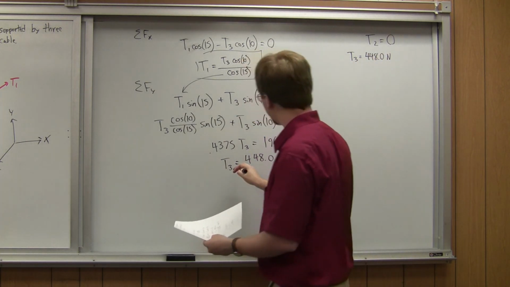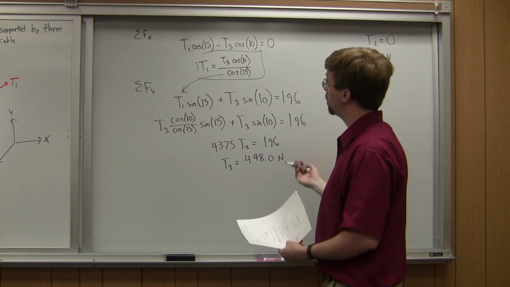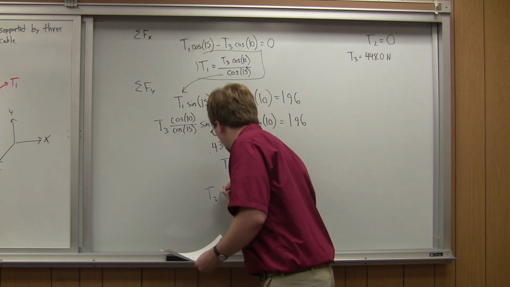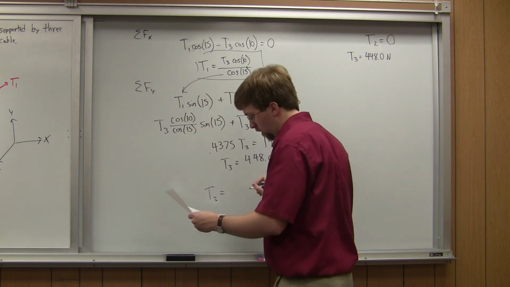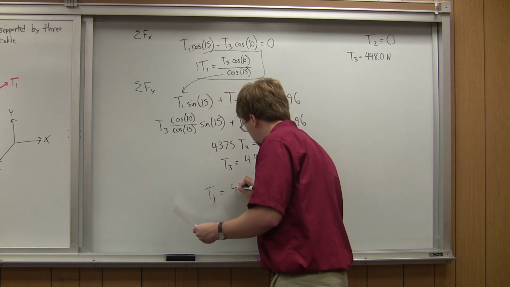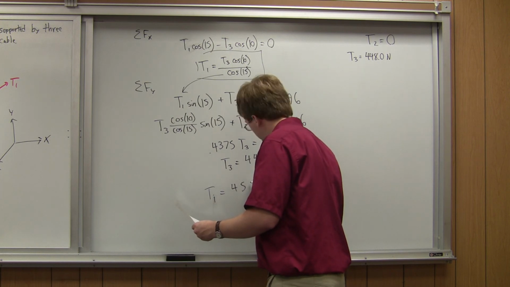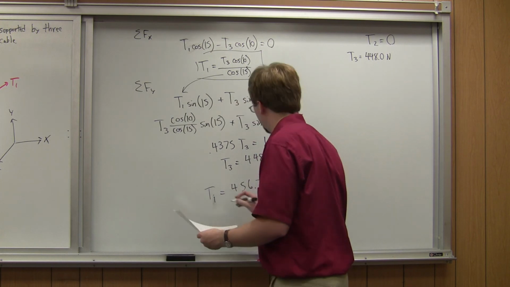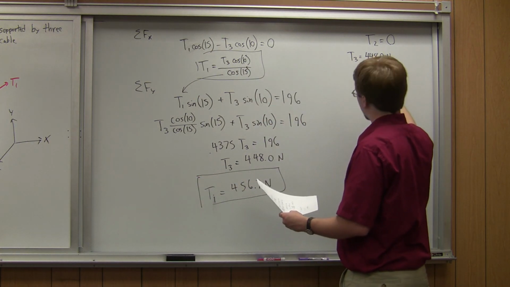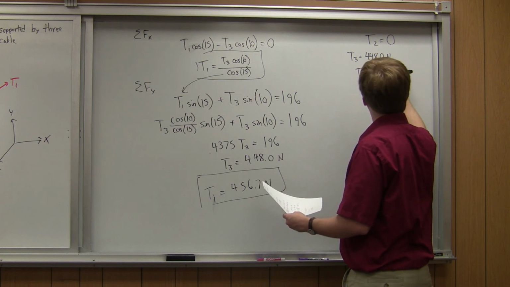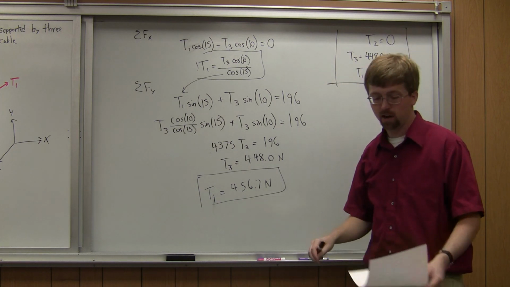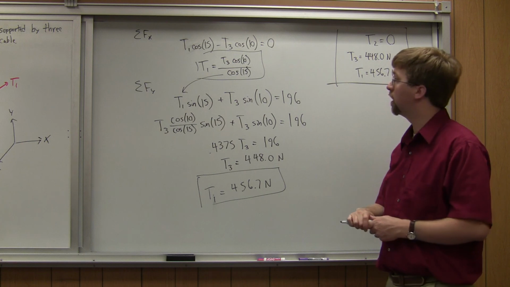So if I take this number, 448, multiply it by the cosine of 10, divide by the cosine of 15, T1 will be equal to 456.7 newtons. And so with that, I've solved for all three of my unknown tensions. So I've solved my problem.